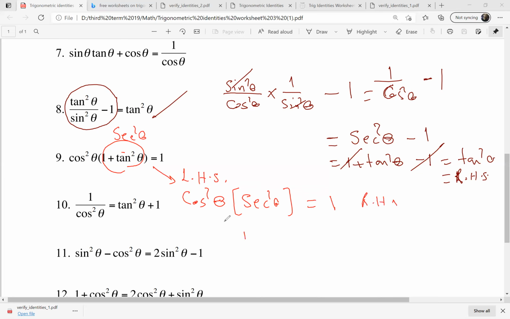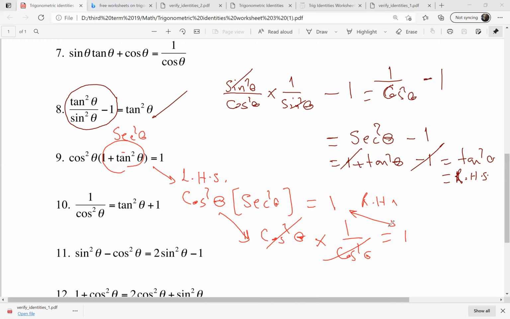Or if you don't know that and you didn't simplify them together, write cosine power of 2 theta and write sec squared as its reciprocal, which is 1 over cosine power 2 theta. And this with this, you will get 1, the same.